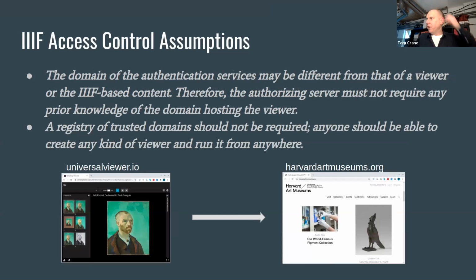We don't want that. And we also have to be aware that I can go to universalviewer.io, embed that on mysite.org, and then look at stuff on Harvard. So the code, the host site, and the assets are all on different domains, and none of them should have to know about each other. So that's our great ideal.